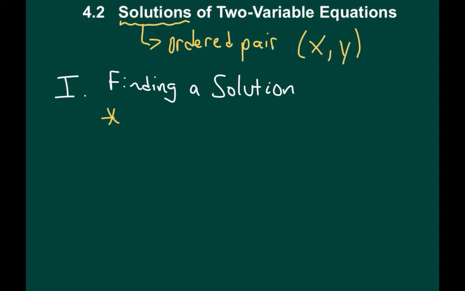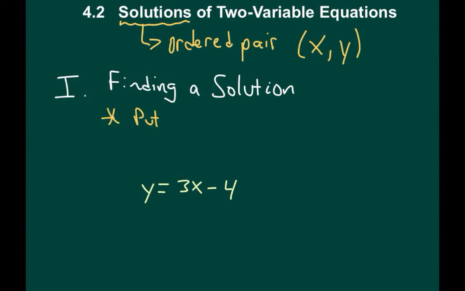So I'm going to put a little star, and for that usually we have an equation something like this. I'm going to jump ahead to my example, and my example equation is going to be y equals 3x minus 4. In this example, it would be a whole lot easier to put a number in for x, then you just multiply by 3 and subtract 4 and you have your y value. So it's going to be a lot easier to put in an x and find a y value than to know what y is and have to work backwards, add 4 to both sides, divide both sides by 3, to find x.